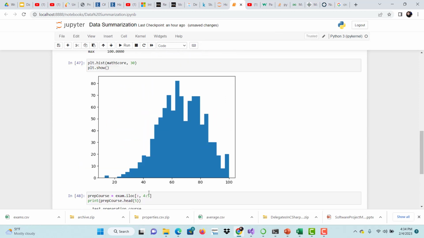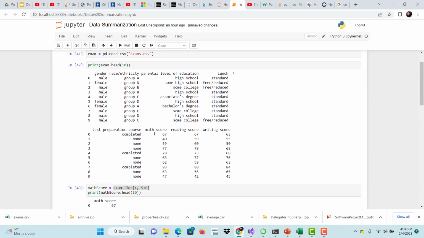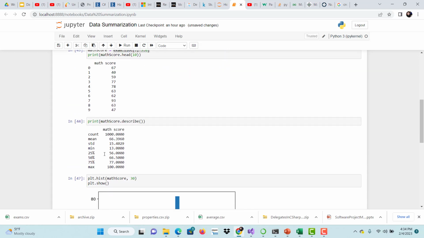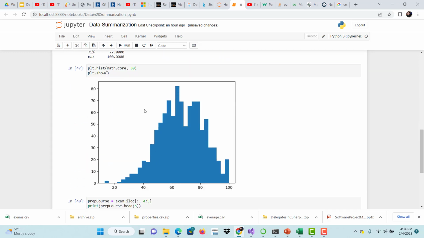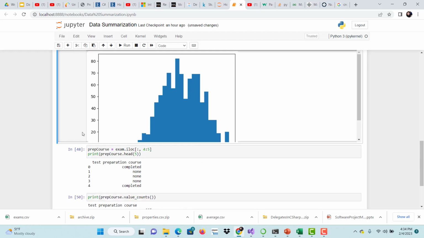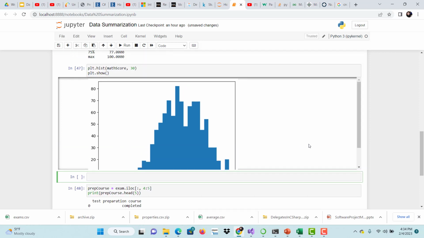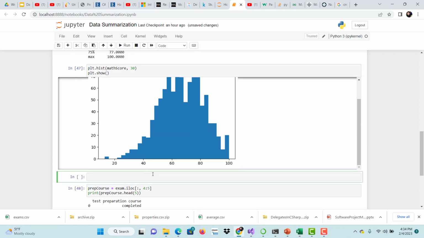So in your assignment, you will be given a similar task to get the basic statistics of data, and then plot the histogram. After the histogram, you should interpret what this histogram means.